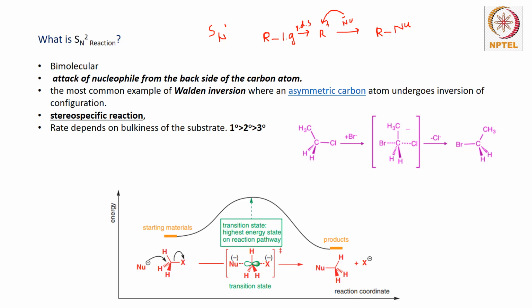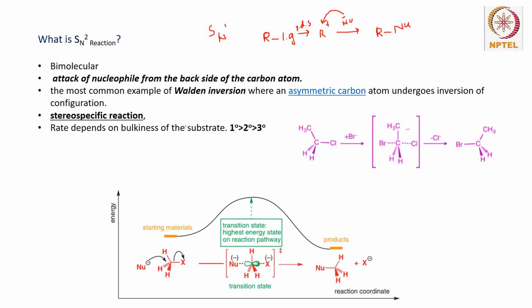The number of molecules participating in the rate determining step determines the order. So in the rate determining step, how many substrates are involved? Only this one. That's why SN1 is a first order reaction.